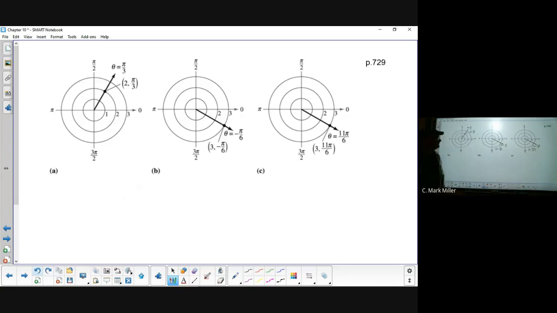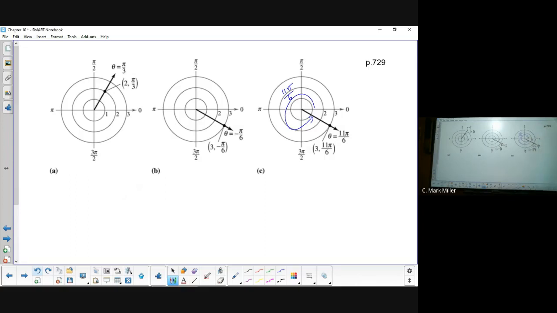Down here, you go out 3, and minus pi over 6. That's in the negative direction. You could also measure that angle this way as 11 pi over 6.